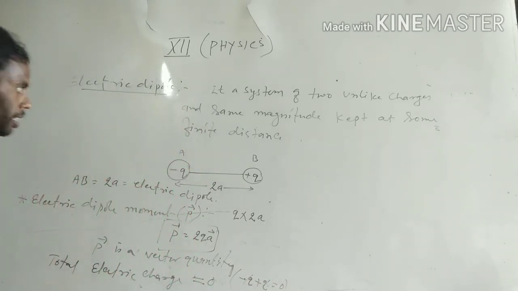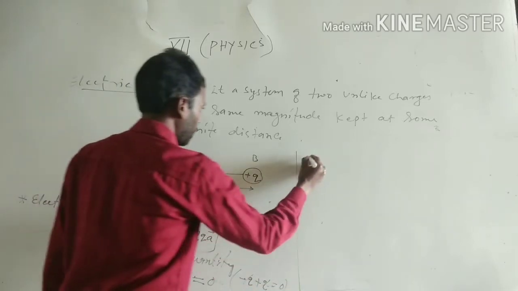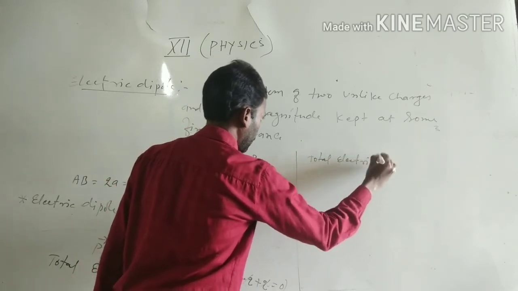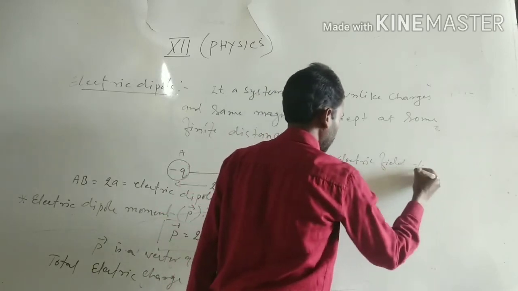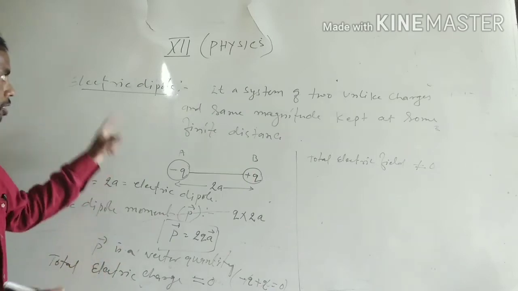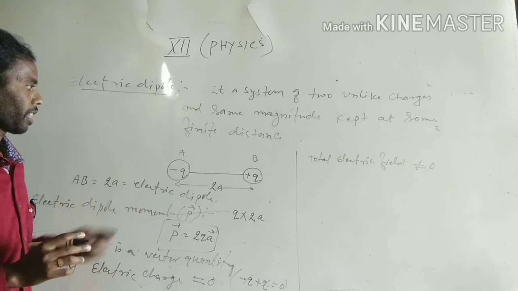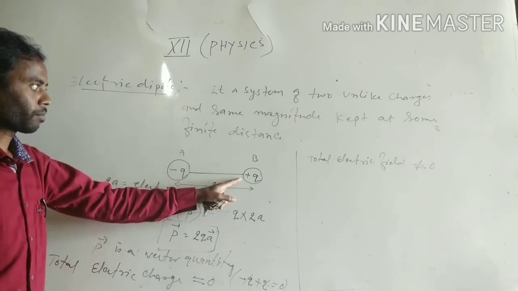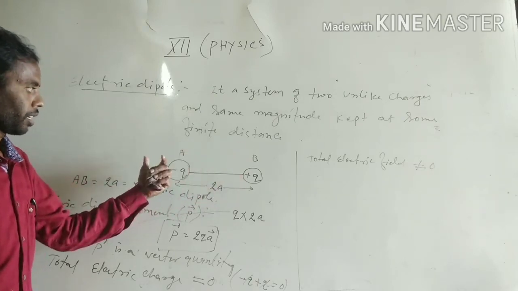Okay, and the total electric field is not 0, because in previous topics we have already discussed the electric field lines, that field lines always emerge from the positive charge to the negative charge.